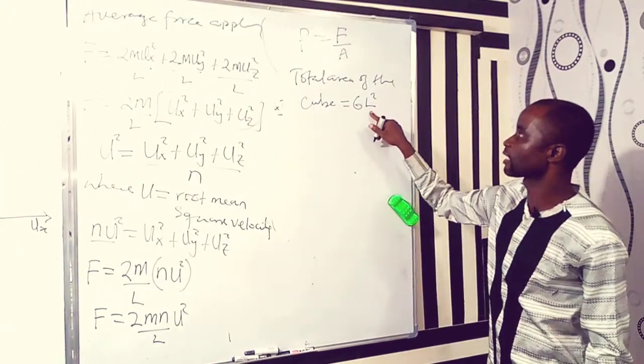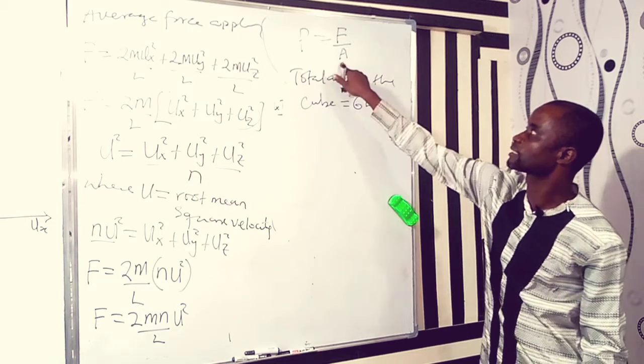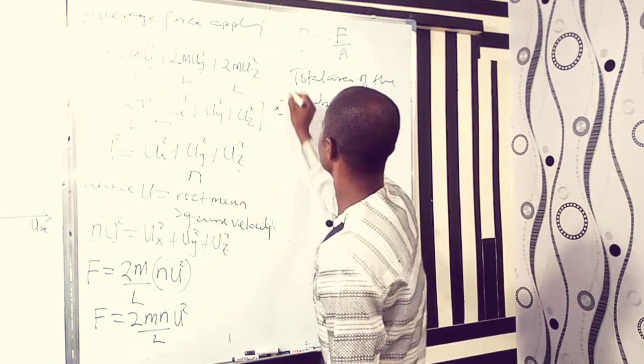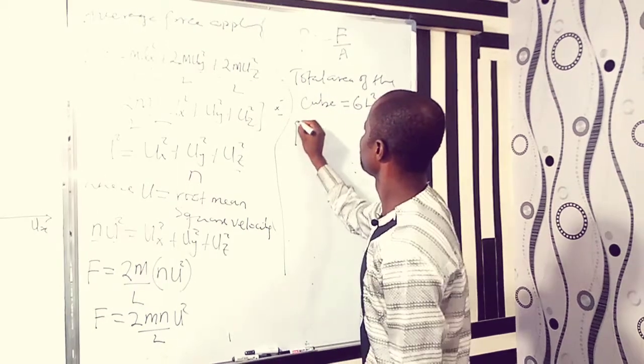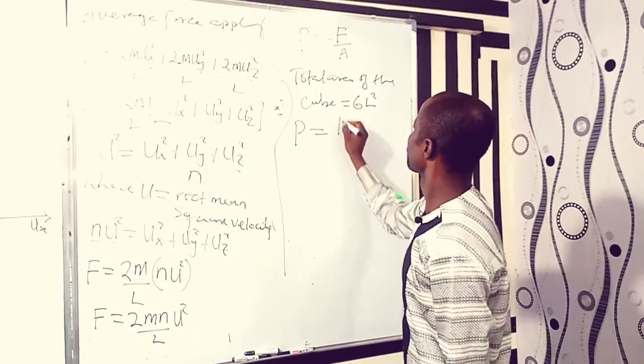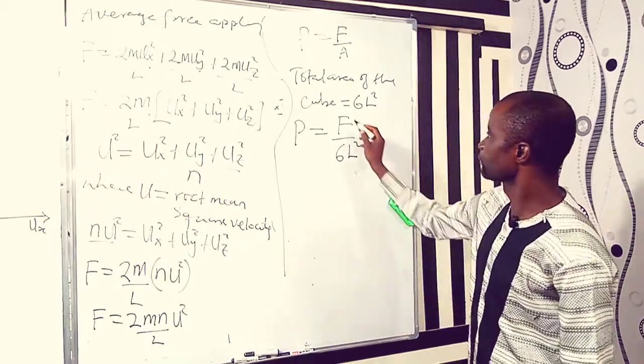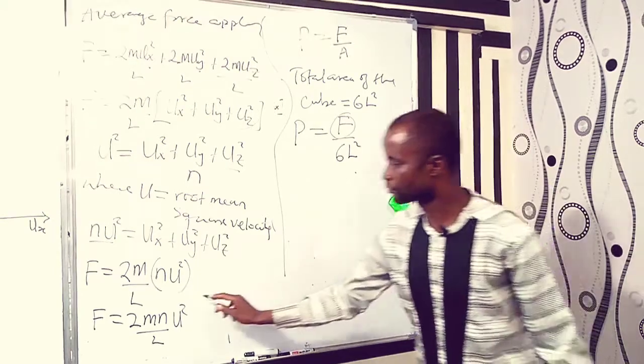That will be 6 times L squared. Therefore, remove this A and substitute with this value. Then we have P now equal to force over 6L squared. Now remove this force and substitute with this value.